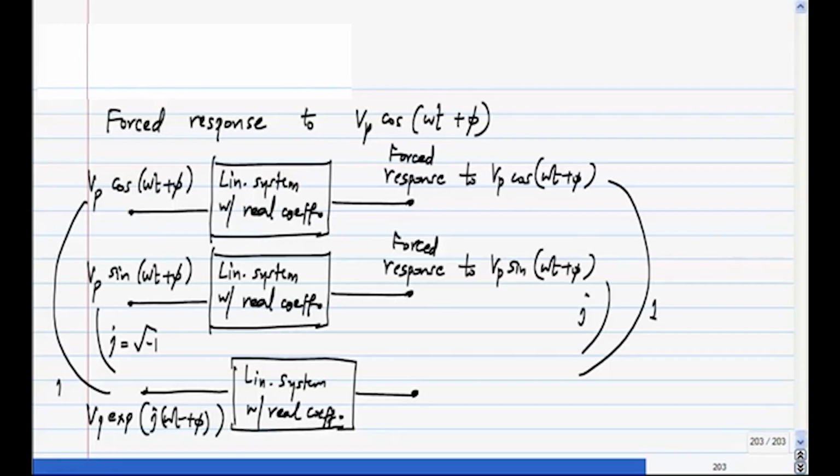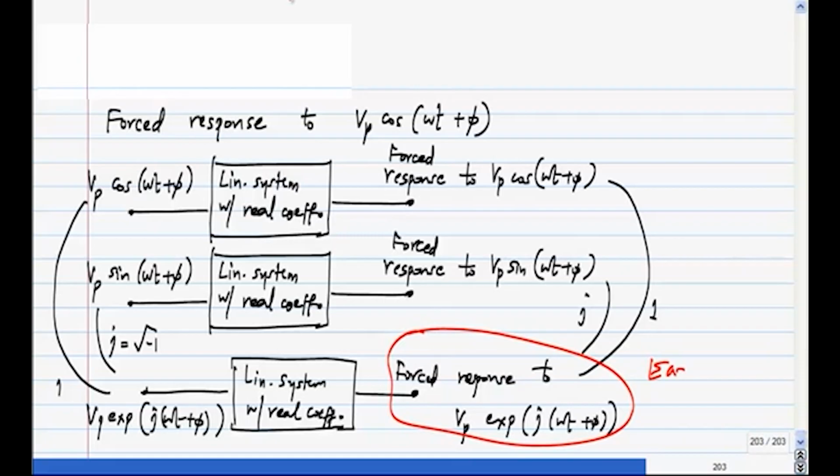The point is that this is easy to calculate. But what we are really interested in is the response to Vp cos(omega t plus phi).